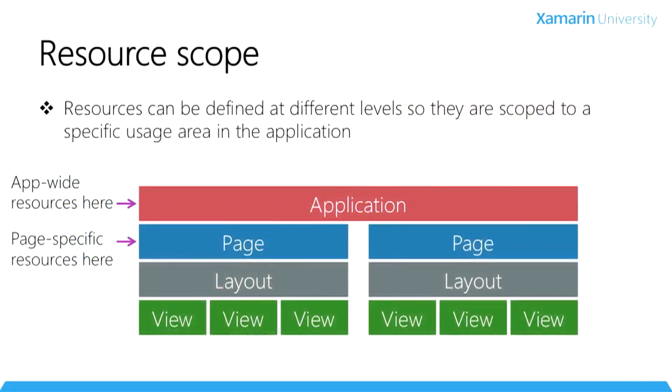Resources can be defined in many different places and at many different levels. You decide where to place a resource based on where it's used. So in practice, page and application are probably the most common locations for resources. Things that only need to be on one page are generally defined in that page, and things needed on multiple pages go into the application.